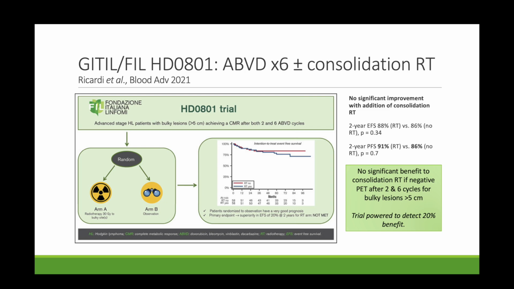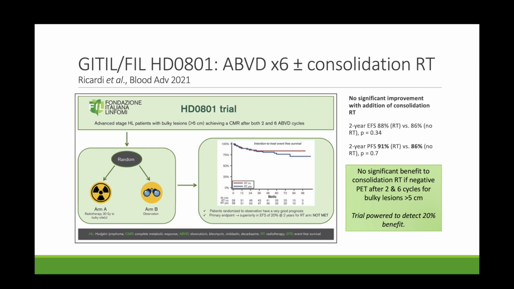And remember from our earlier studies, the German HD10, HD16, even EORTC, remember that the progression-free survival benefit from radiation was somewhere on the order of 7 to 10%. And so if the trial was powered to detect a 20% benefit, then of course it was negative.